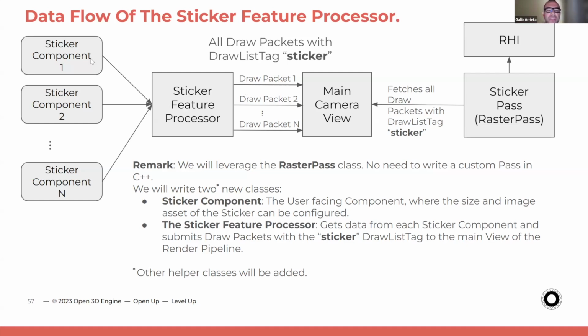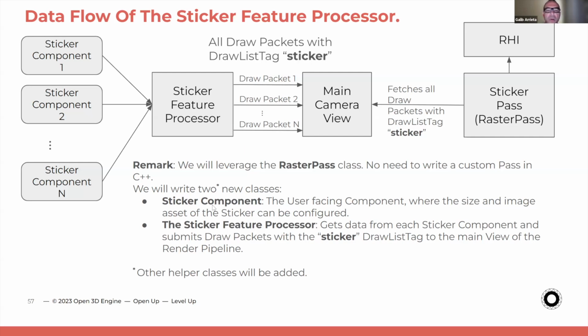For each of those stickers, there's going to be a draw packet. This draw packet is going to be given to the main camera view. Eventually the sticker pass, which is a subclass of the raster pass, is going to fetch all of the draw packets with the draw list tag sticker, and then create the draw items that at the end of the day will be submitted as draw calls.